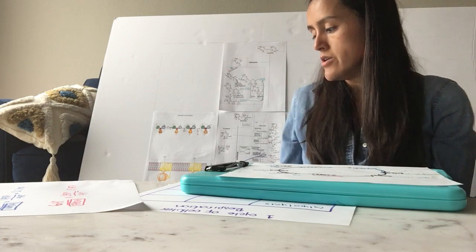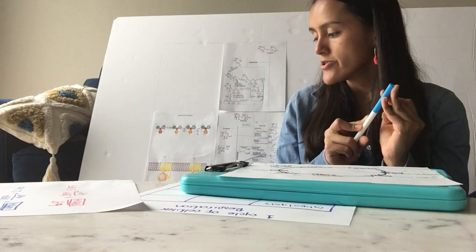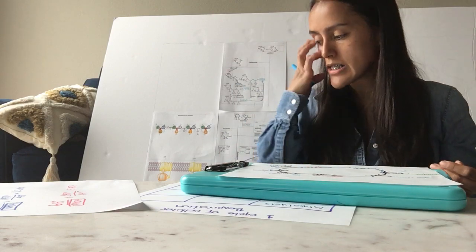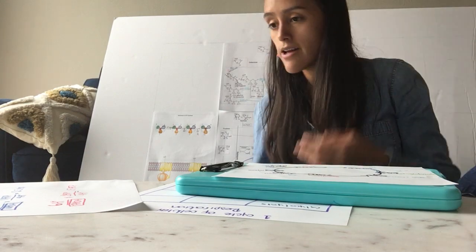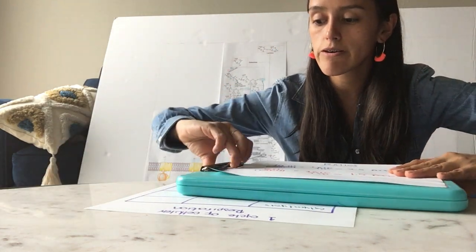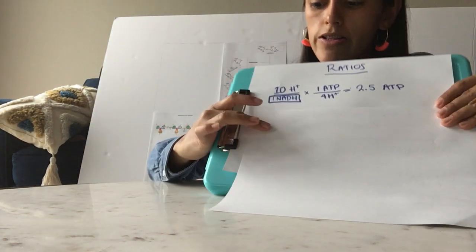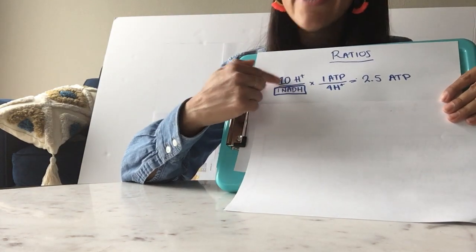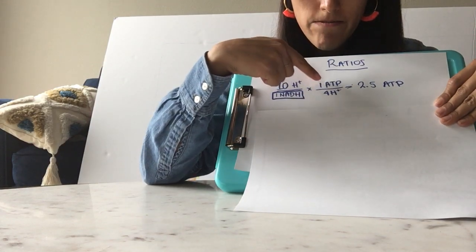So we know that NADH and FADH2 combined together give us ATP synthetase. So there's a way how we can calculate here, and we're going to use our ratios. We know that for one NADH, 10 hydrogen ions are released.